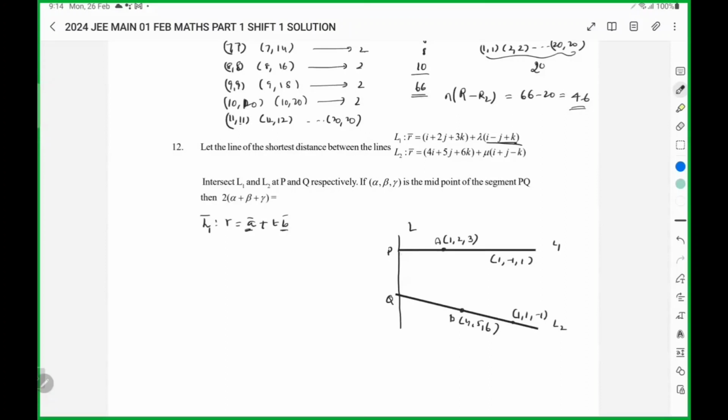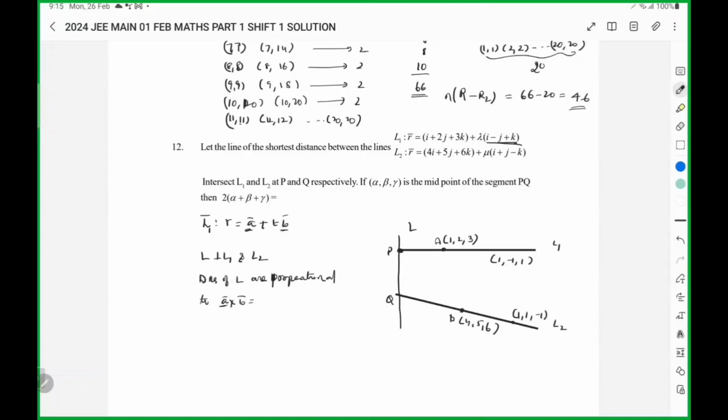So here it is L. L is perpendicular to L1 as well as L2. DRs of L are proportional to A bar cross B bar.